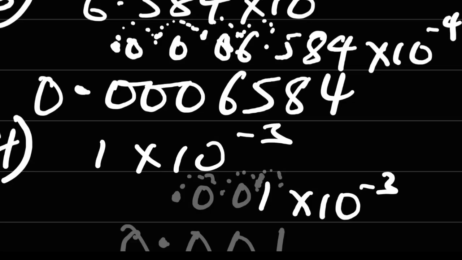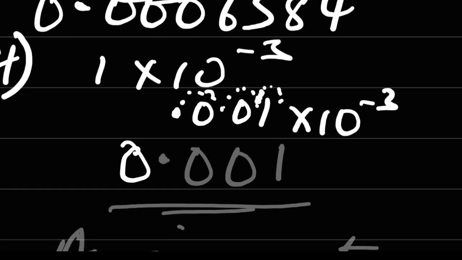It's moving 3 times. 1, 2, 3. Then we'll fill these empty spaces with 0. So we'll write 0 first before the decimal. Then 0, 0, 1. And that's our answer.